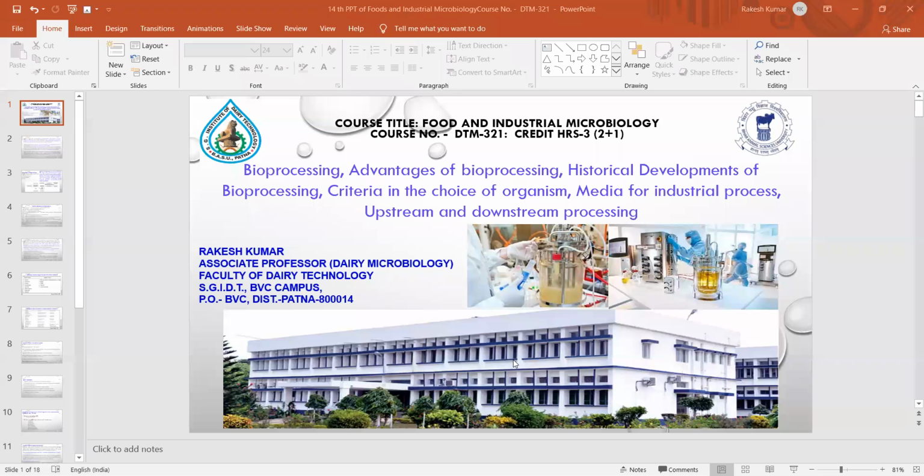So why are we using a particular type of starter bacteria, what will be the end product of using that particular culture, or what type of condition you have to maintain during the whole manufacturing operation. Depending upon that, you have to formulate a particular type of raw material, or sometimes you are adding something, or sometimes you are removing something from a particular product.